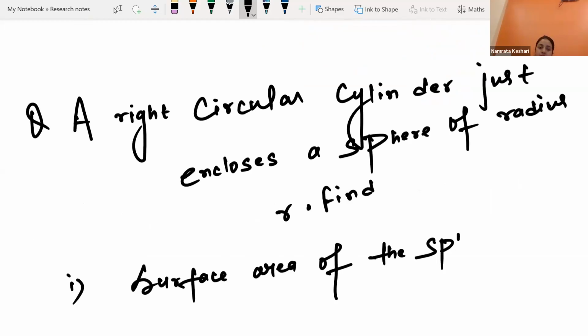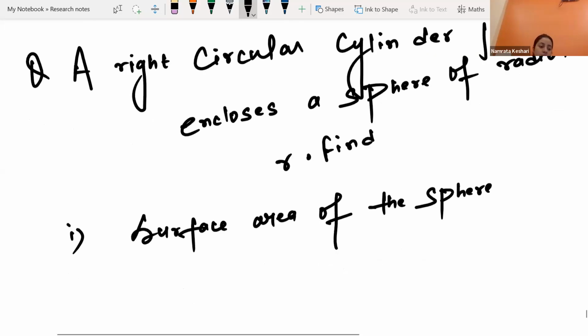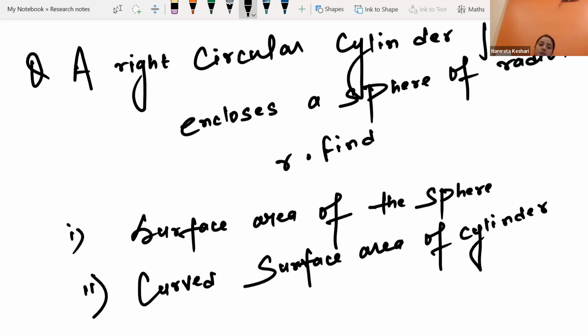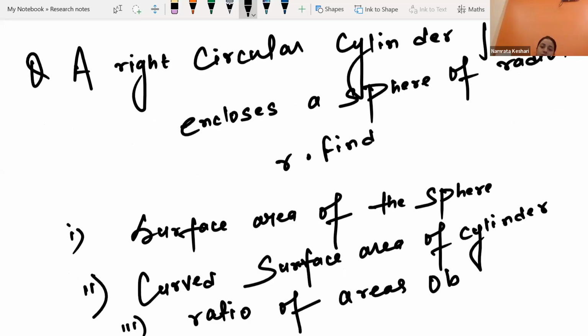Okay, next one is the curved surface area of the cylinder, and the next one is the ratio of areas obtained in 1 and 2.